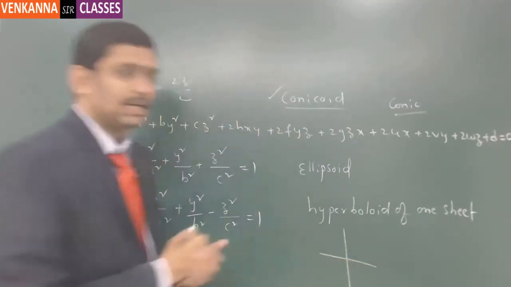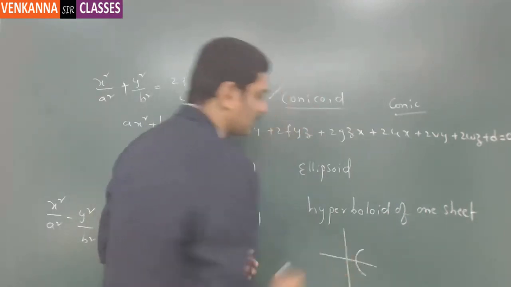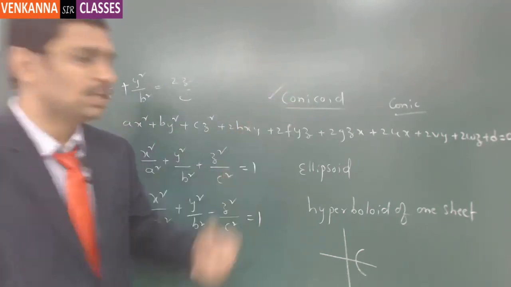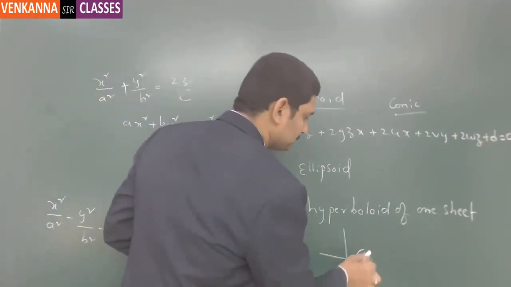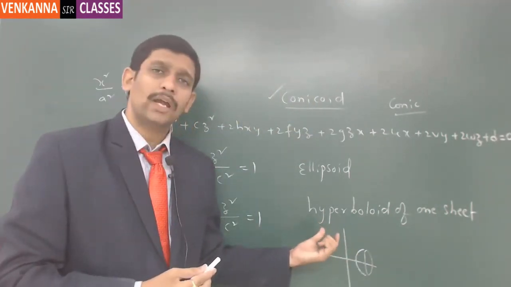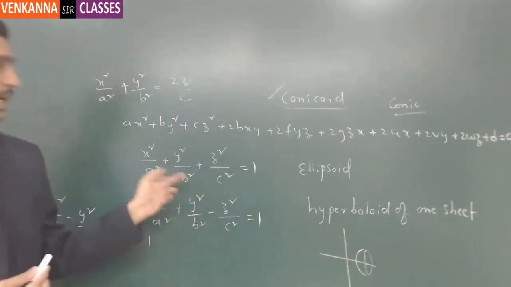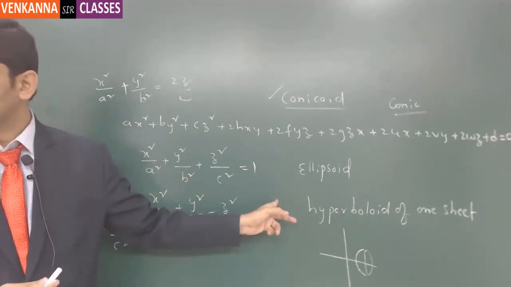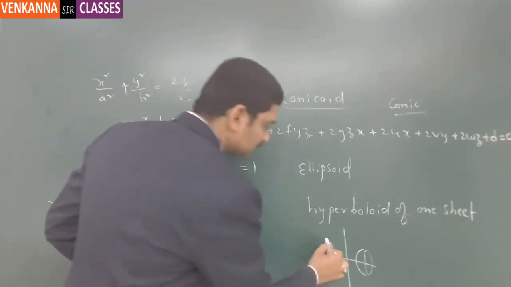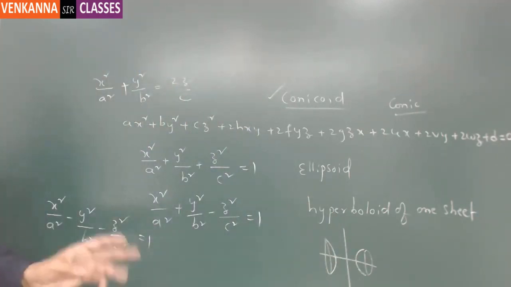If you have taken the 3D axis, you fix a hyperbola at one end and rotate that. On rotation, you will get the hyperboloid. So this hyperboloid is formed on one side, so we call it hyperboloid of one sheet. If it is formed on either of the sides, we call it hyperboloid of two sheets.